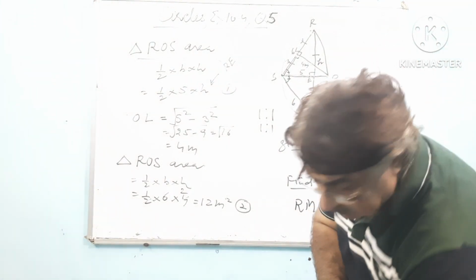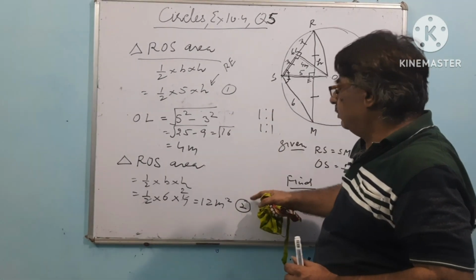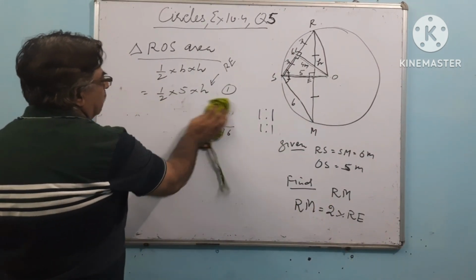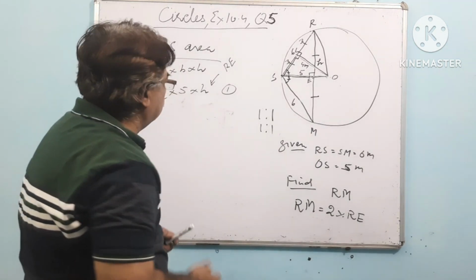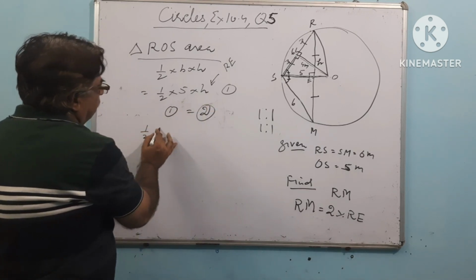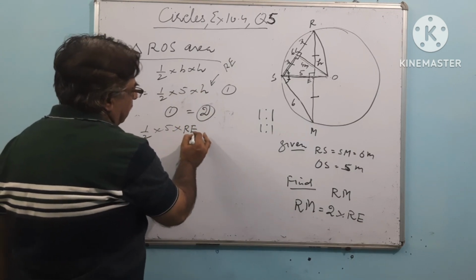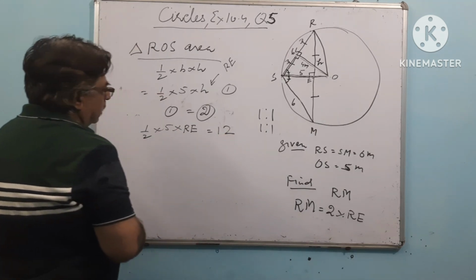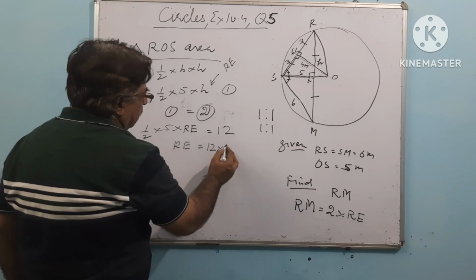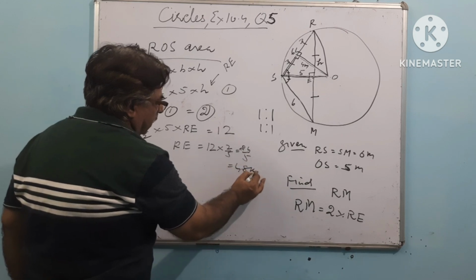So by equating equation 1 and 2, taking area equal to 12 meters square, half 5 into RE equal to 12. So RE is equal to 12 into 2 by 5, 24 by 5, that is 4.8 meters.